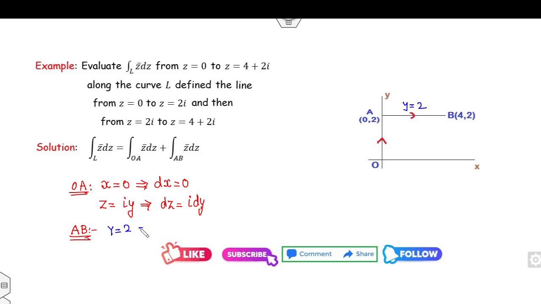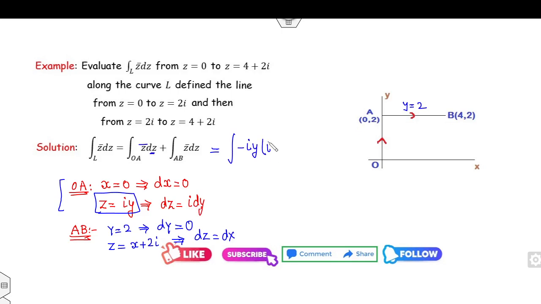If y is equal to 2, that implies dy will be 0. The value of z will be x plus iota y. This implies dz will be dx. Now you can substitute this value on the curve OA. Z is iota y, but I need a complex conjugate. It's minus iota y.